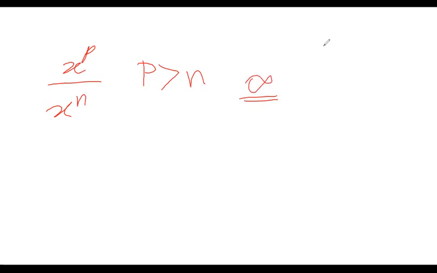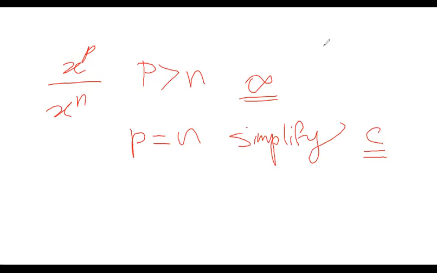If p is equal to n, then you simplify the variables and the answer will be a constant. If p is less than n, then the value of the limit will be 0.